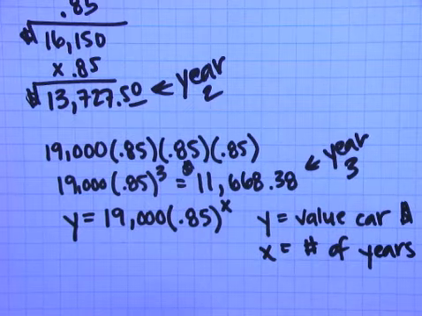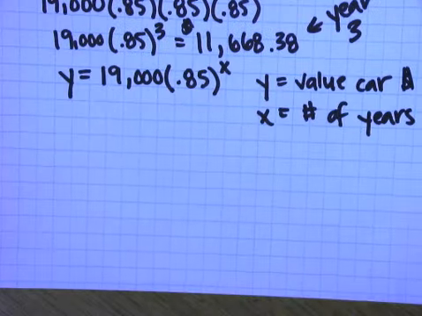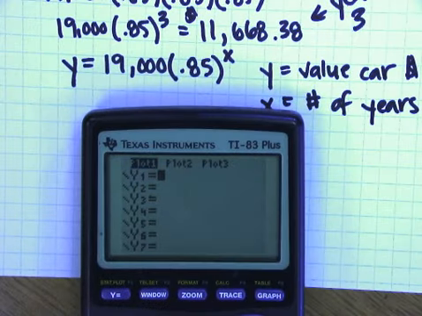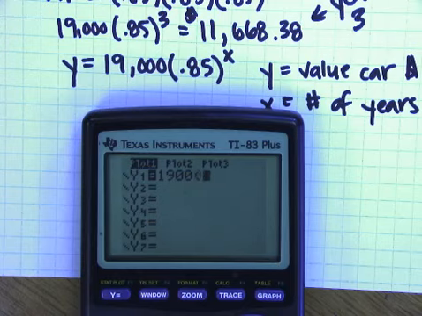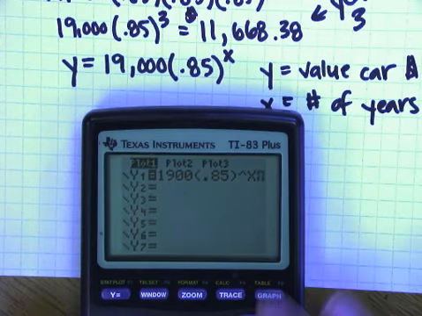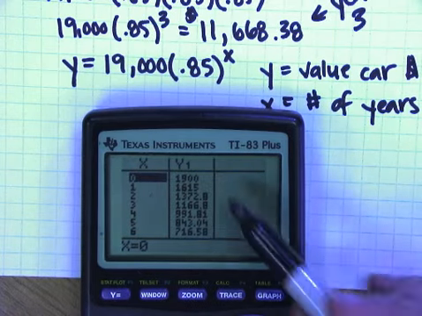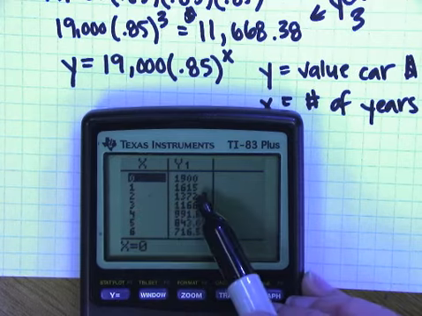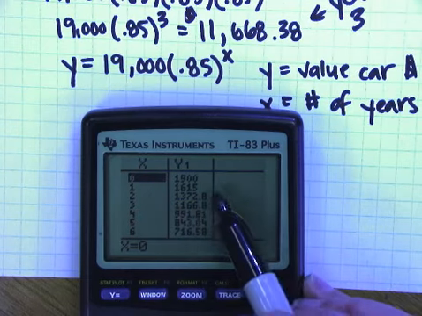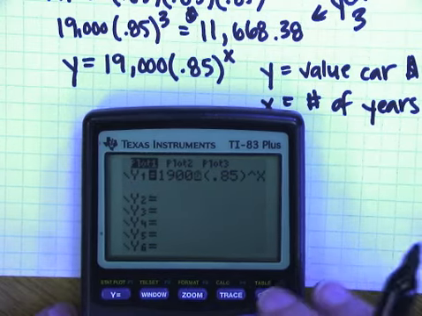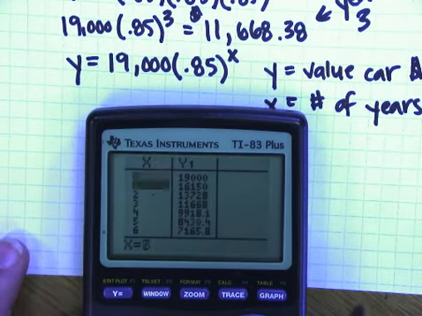If I take a look at this equation in my calculator, so I go into my y equals, I plug in 19,000 times 0.85, and I raise that to the x power, and then I look at my xy table. Sure enough, year 0 is 19,000, year 1 is 16,150. Oops, I think I dropped a 0 there. And so we can tell how much our car is worth.